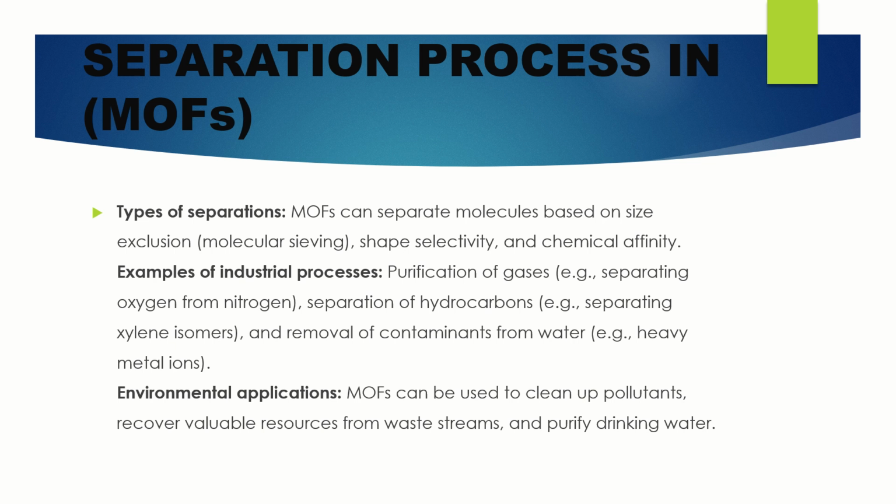Examples of industrial processes are the purification of gases, for example, separating oxygen from nitrogen, separation of hydrocarbons, for example, separating xylene isomers, and the removal of contaminants from water, for example, heavy metal ions. Environmental applications.